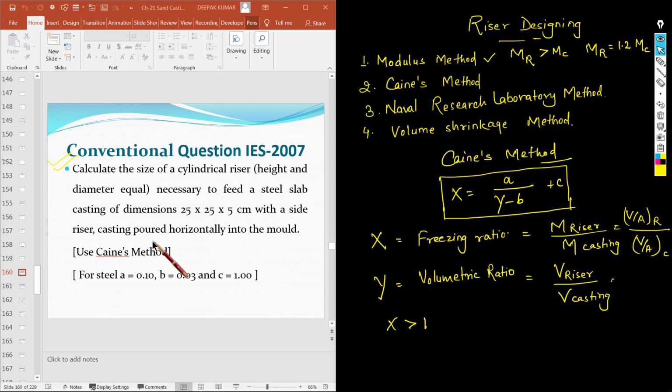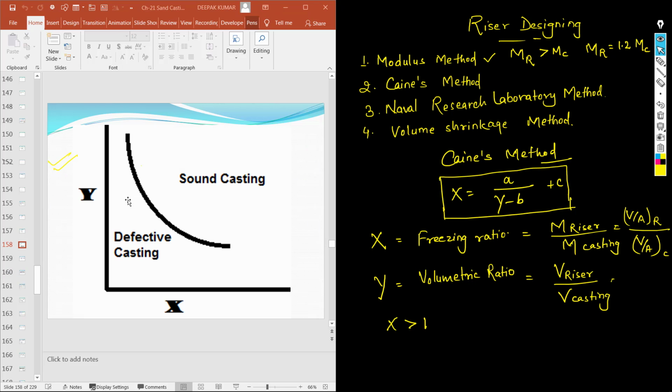It is given that the casting is poured horizontally into the mold. So we will calculate the dimensions of the riser using Caine's method. I think this same question is also given here.